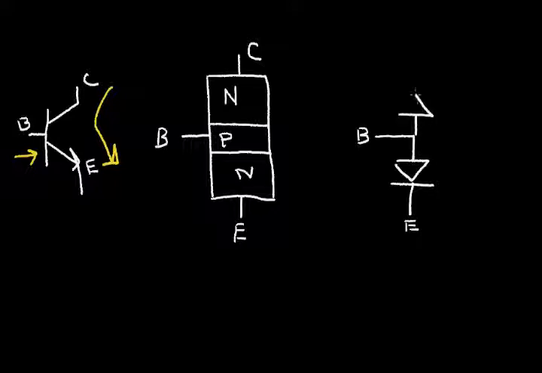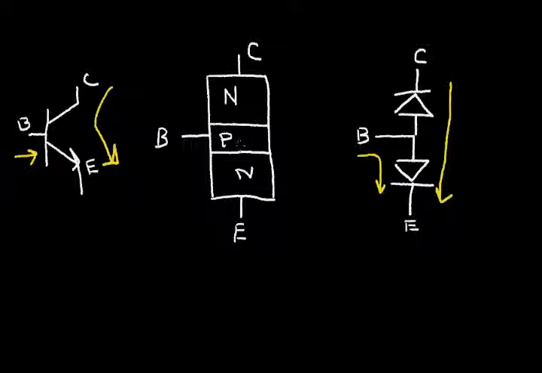That's the base to collector diode. This is the collector terminal. So what happens is we put a small current in the base into this diode. We get a large current flowing through the collector to emitter.